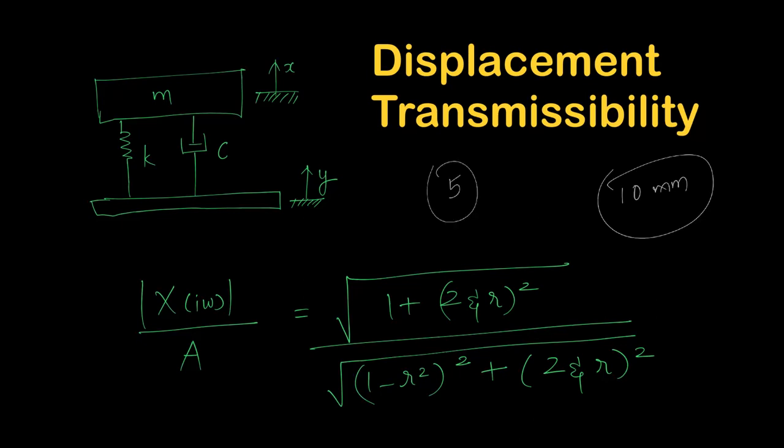Then it's a pretty bad situation, because your jet engine is vibrating with an amplitude of 10 mm, then this particular portion where your passengers are sitting will see an amplitude of 50 mm. That portion will also vibrate, but with a much larger amplitude.